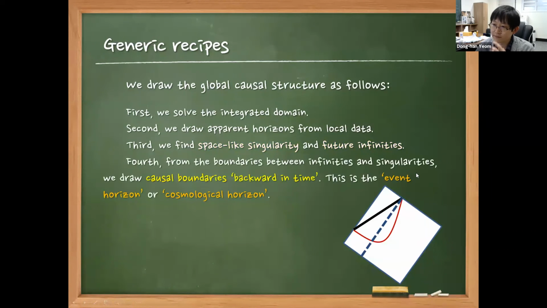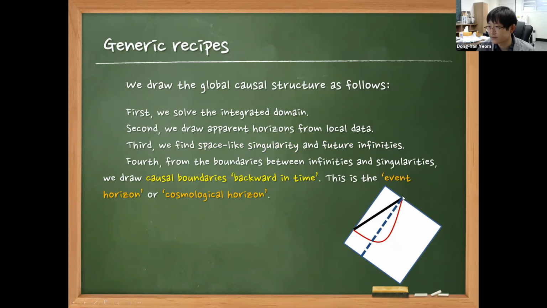And then from the boundaries between infinities and singularities, for example, here there is a boundary between infinity and the singularity. So between infinity and singularities, we draw the causal boundaries backward in time.